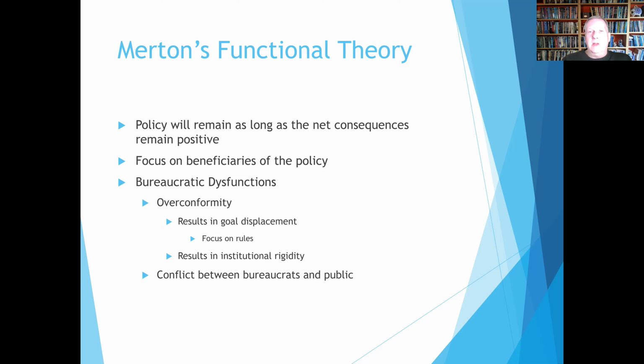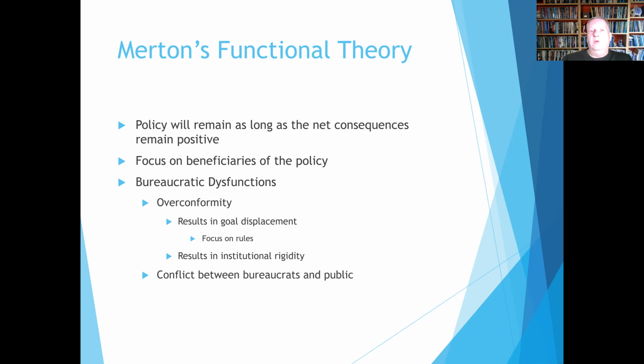Overconformity is when organizations overconform to their rules, regulations, and procedures. And I think if you asked a member of the general public what the major problem with the bureaucracy is, they would say red tape. They say organizations are too concerned with their rules and regulations as opposed to being concerned with serving the needs of their citizens. That's overconformity.